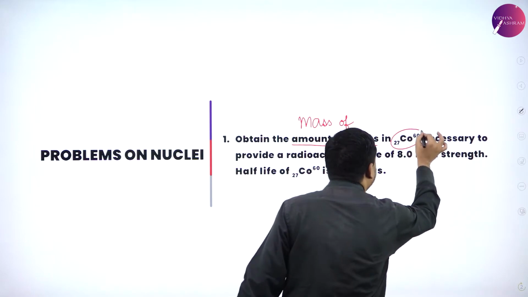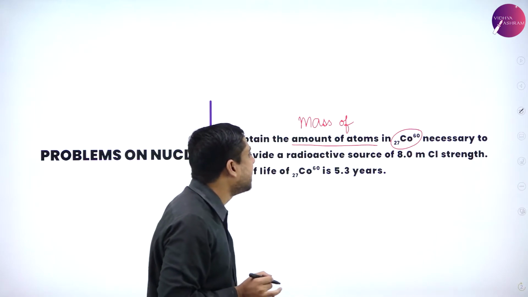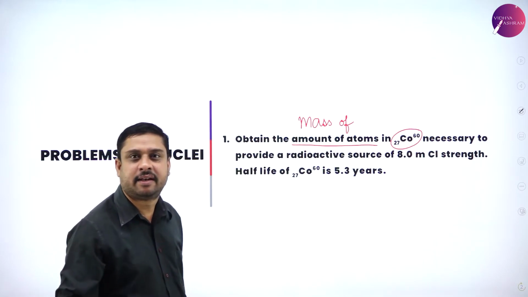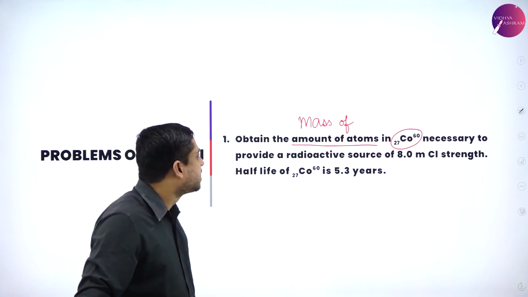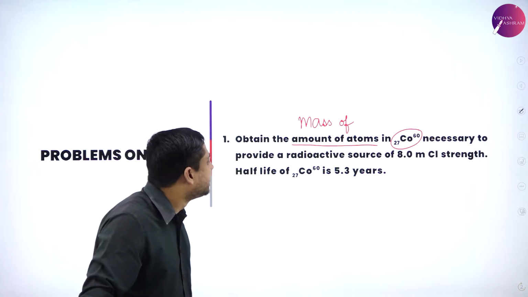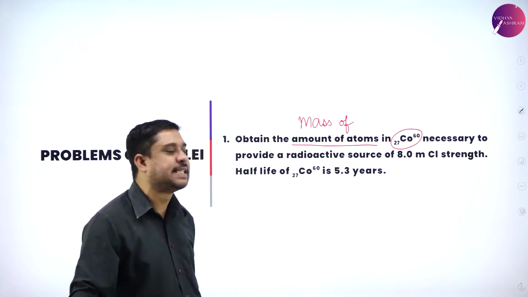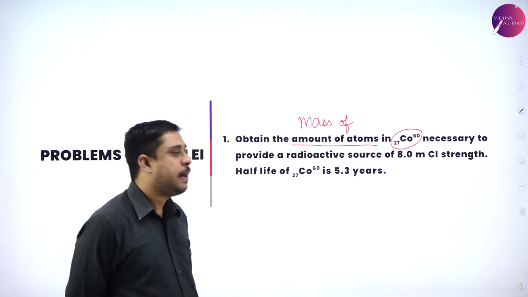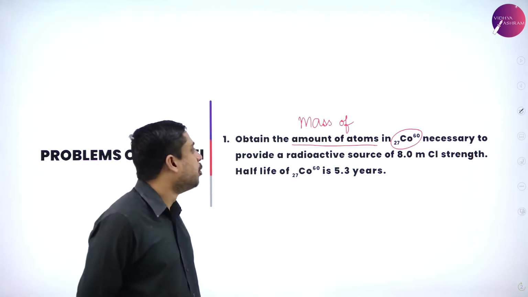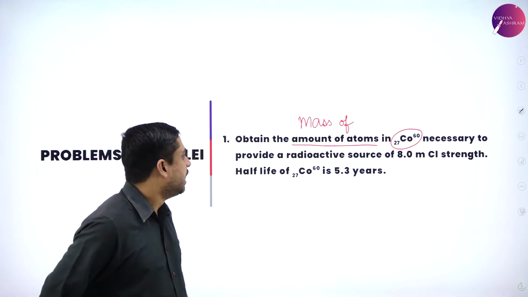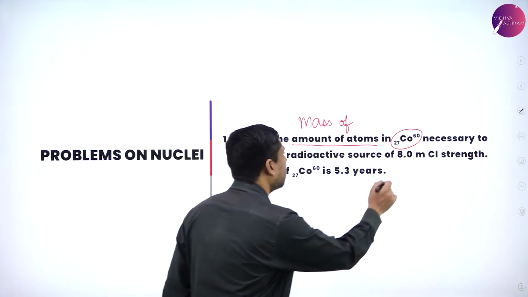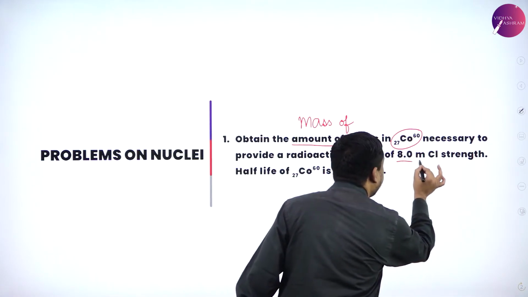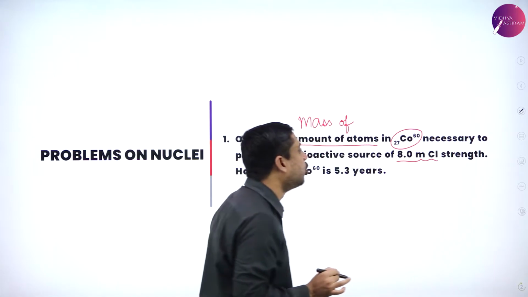In Cobalt 6027, the sample is Cobalt 6027, necessary to provide a radioactive source of 8 millicurie strength.